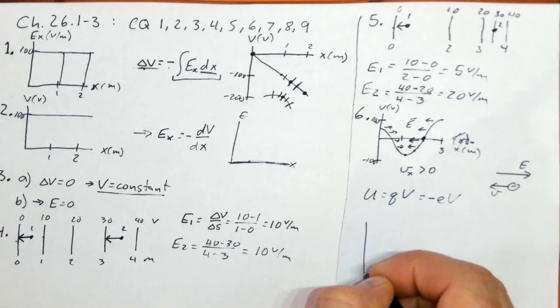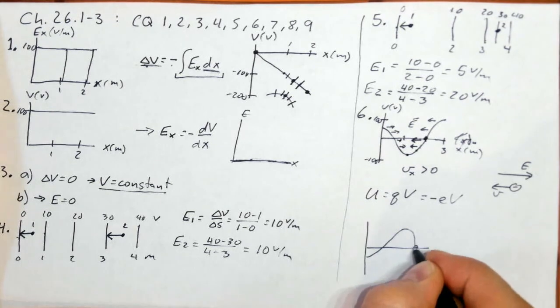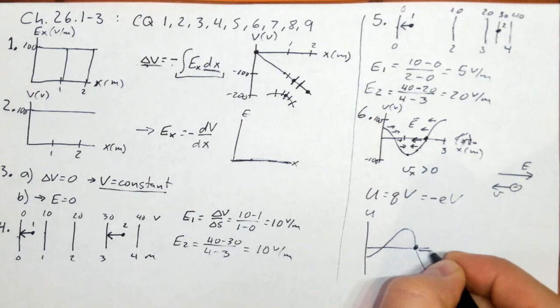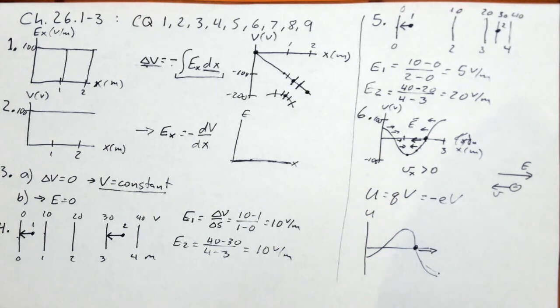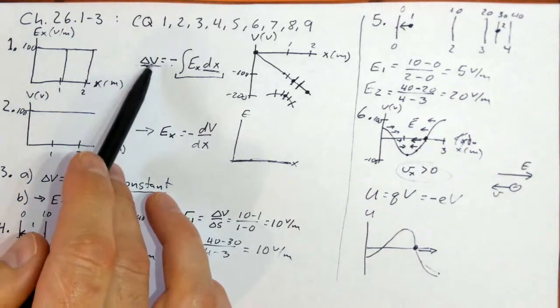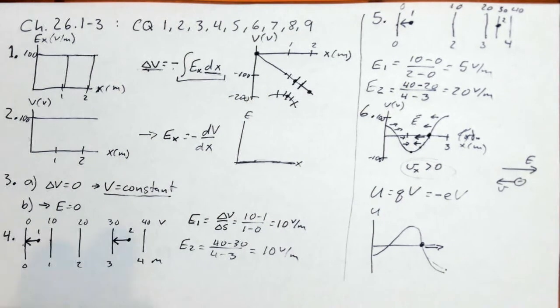And so if I draw that out, you're going to get something like, here's at that 2, this would be the potential energy of that electron, and an electron released from that point would want to go towards lower potential energy. Okay, and so we see that the electron would go this way again because it would get lower potential energy, and that's the same answer we got before. So we can either use our relationship between potential and electric field, or between potential and potential energy. Okay, go ahead and move on to number 7.